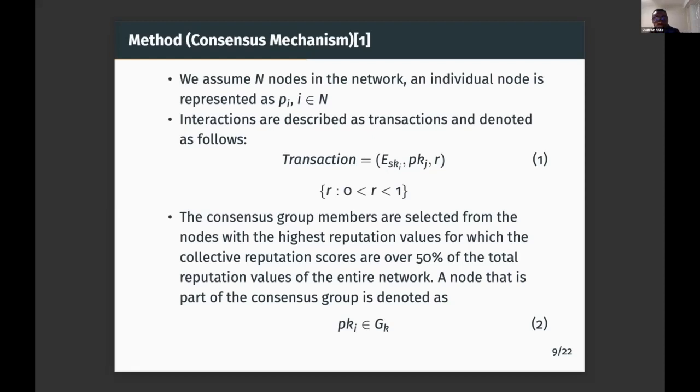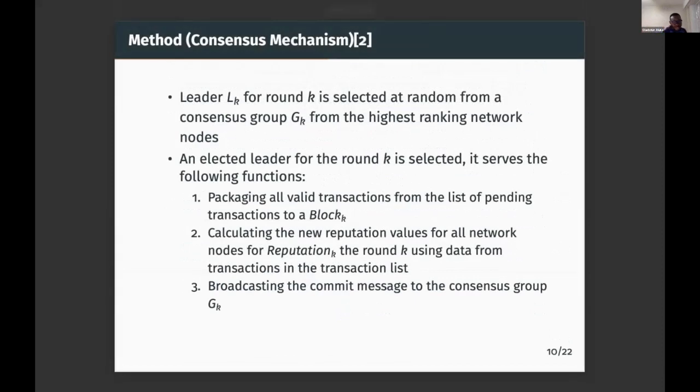And then we denote a consensus node as Pk to the subscript i, which is a subset of Gk. Gk here is the consensus group for a particular round k. So for each round, we select a leader at random from the consensus group. And every selected leader for each round can serve three purposes. The first is to package all transactions from the list of pending transactions into a particular block.